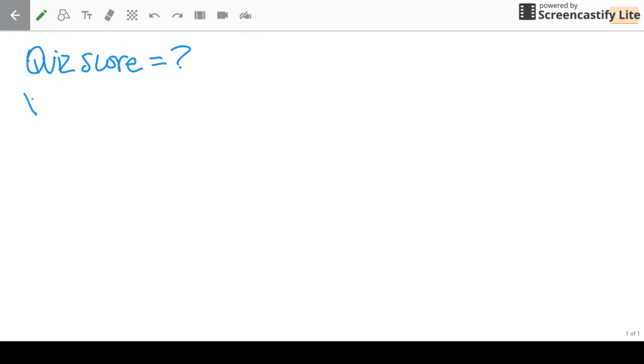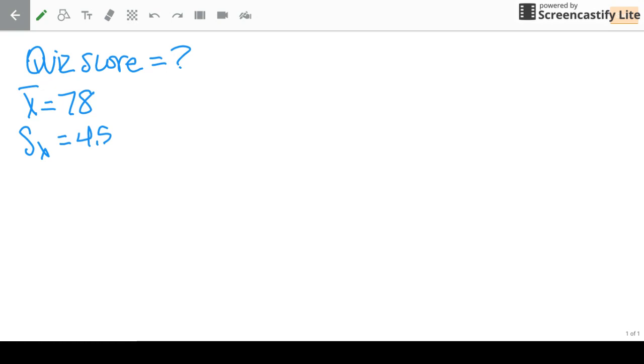We know that the mean is 78. We know our standard deviation is 4.5, and we know that the score is 2.3 standard deviations above the mean.